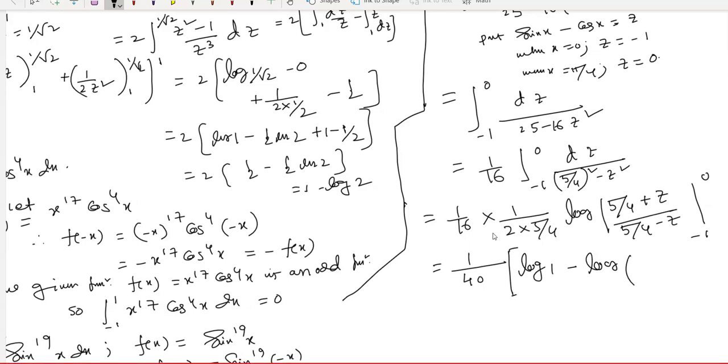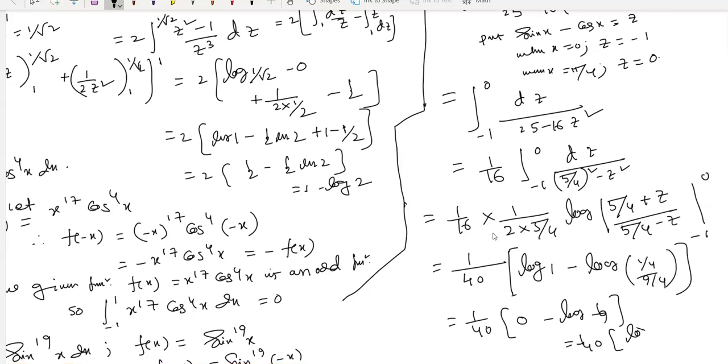minus log of, if you put minus 1, it is 1 by 4 plus 9 by 4. So this thing is changed to log 1, which is 0, minus log 1 by 9. Log 1 minus log of a fraction, so it will be plus.